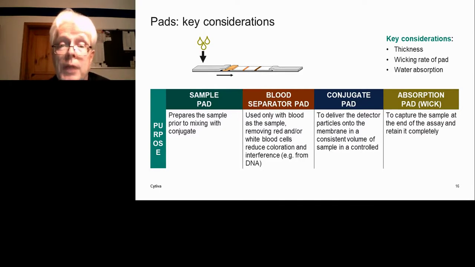That's the most tricky part of the test, to be honest, because what you expect it to do is to absorb the conjugate that you dispense on it in liquid form, and you definitely should dispense and should not soak the pad with the detector. Then you dry the conjugate in the pad, and you would like this conjugate to remain stable and not be destroyed during the drying process.